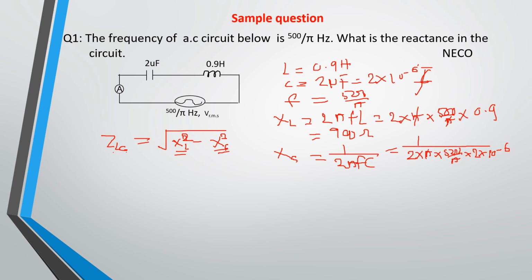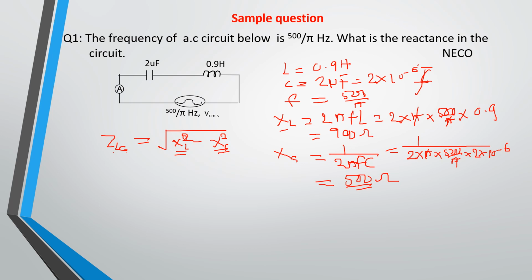This pi will cancel out, and by the time you work all this out, you are going to have 500 ohm. So now you have gotten the capacitive reactance and the inductive reactance.